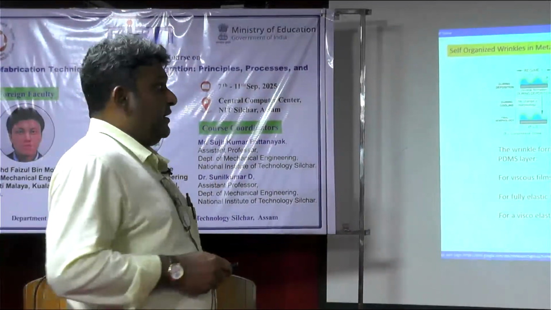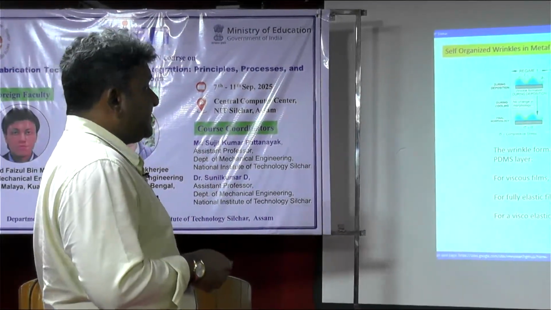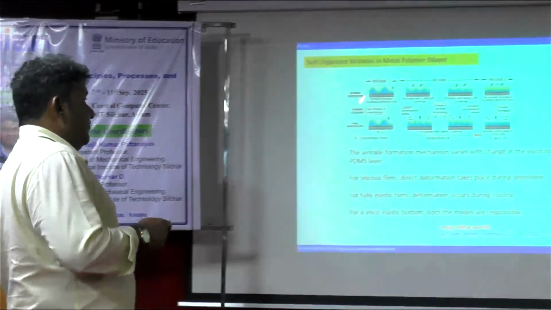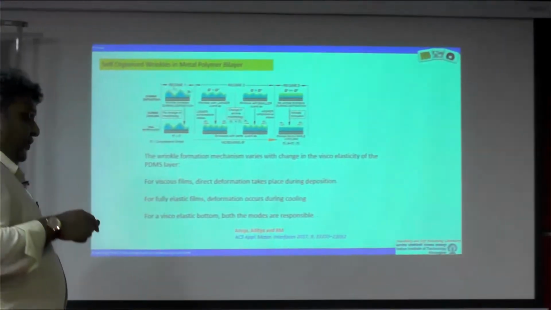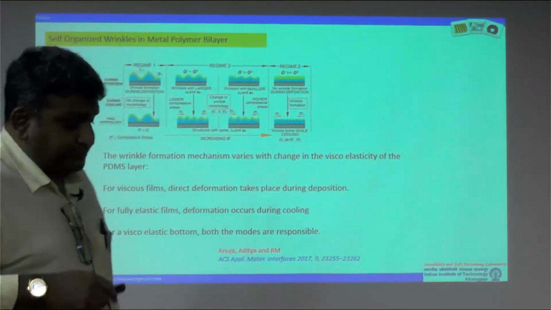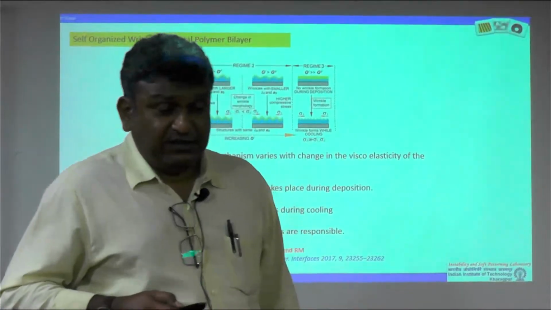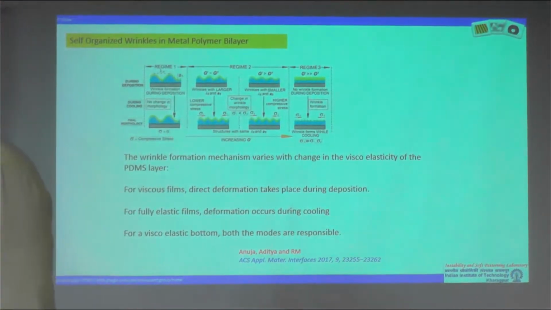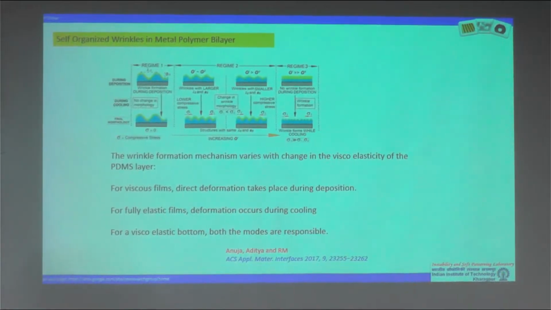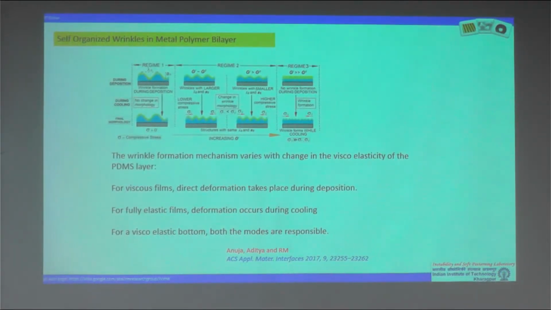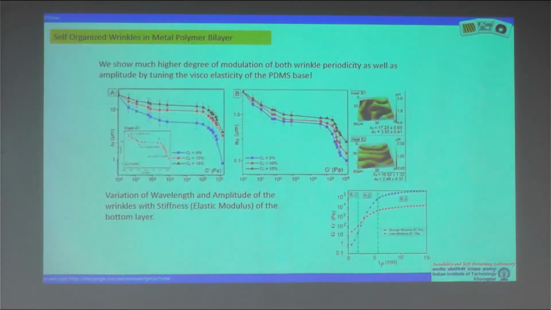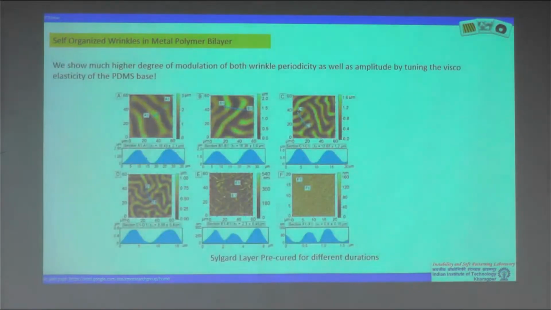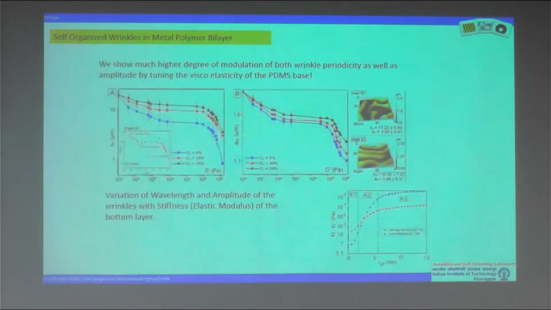If it was a viscous film, the deformation was happening straight away during the film formation, whereas if it was fully elastic, the deformation was happening during cooling and stress relaxation. And for a viscoelastic film, it was a combination of both, and therefore that could explain features with different periodicity and different amplitude.